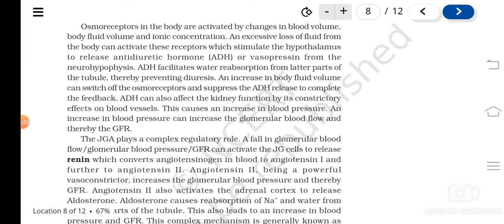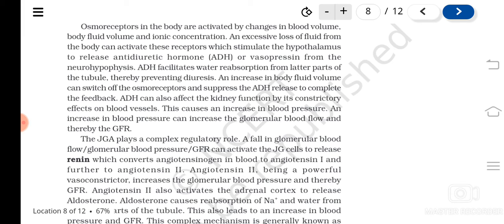That is, if excessive loss of fluid is there, less fluid is there, then more water has to be absorbed, isn't it? So ADH will be produced, and ADH facilitates water reabsorption. And if the body fluid is more, osmoreceptors will be switched off and then no ADH will be produced.